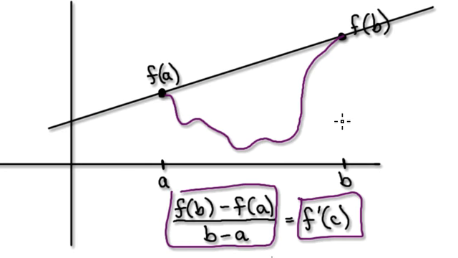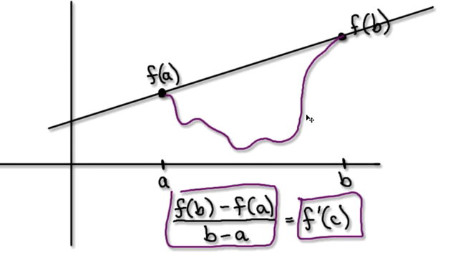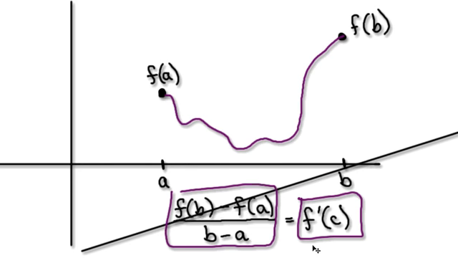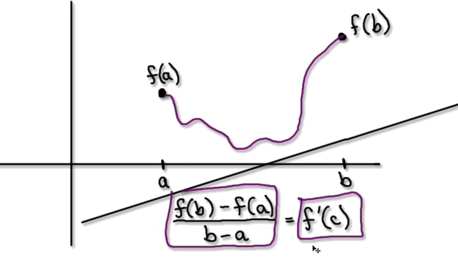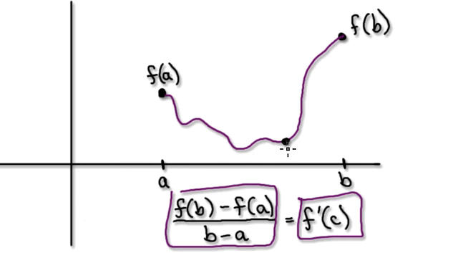Move it all the way down, and then move it up. You see, right at this point here, the gradient of the actual function will be the same as the average gradient that exists between A and B.